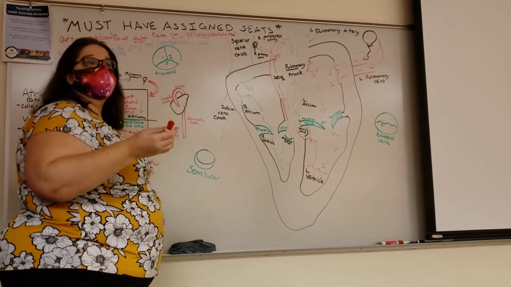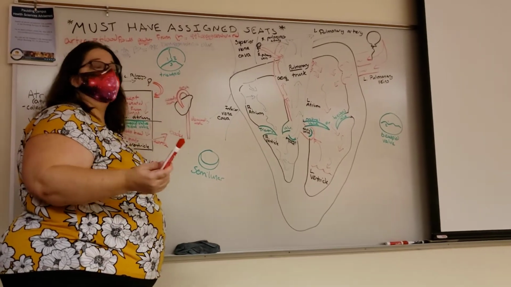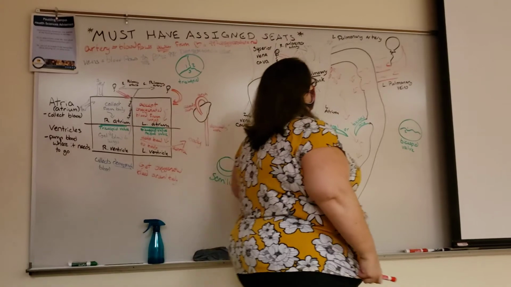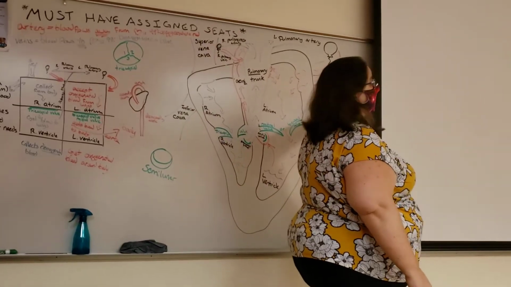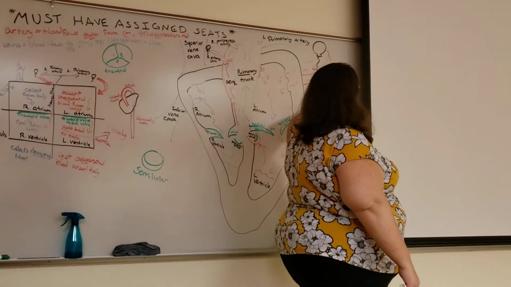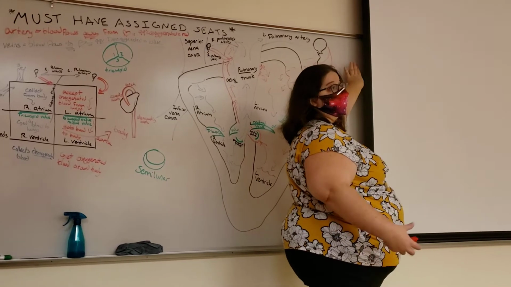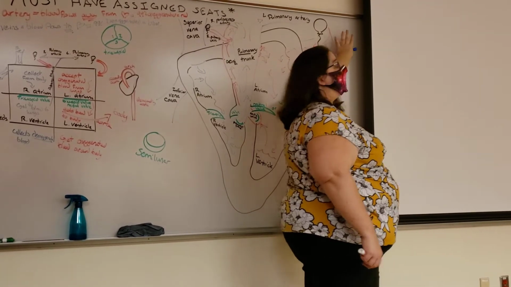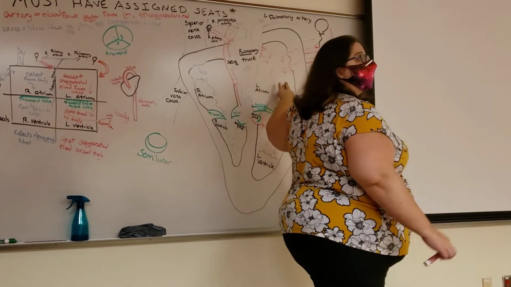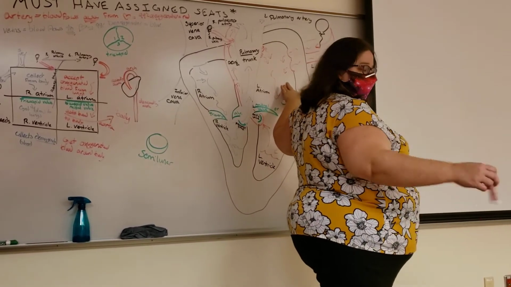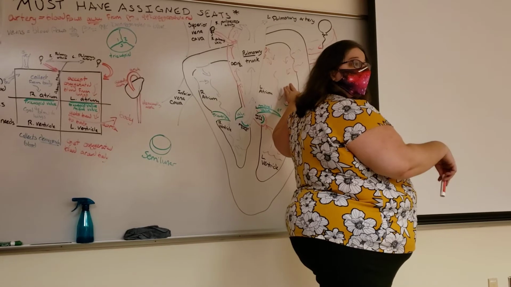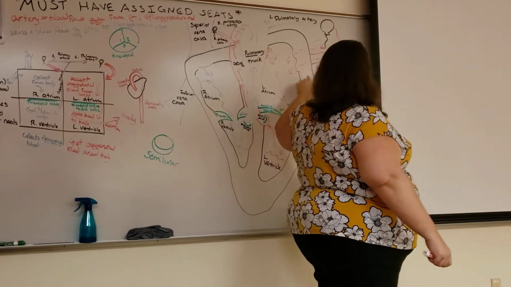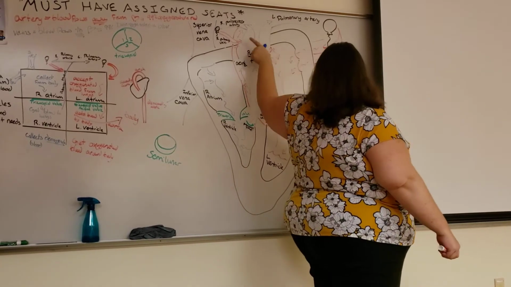The reverse is true for the pulmonary veins. The pulmonary veins are carrying blood, oxygenated blood, that's newly oxygenated from the lungs back to the heart. So blood is going from somewhere else back to the heart, right? So by definition, these are veins coming back into the heart.